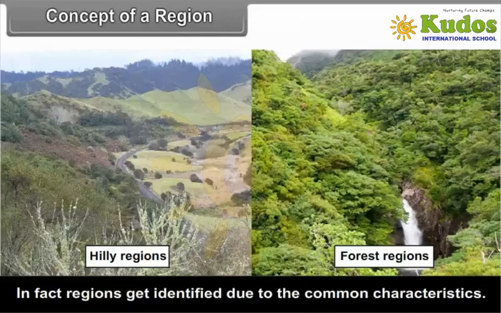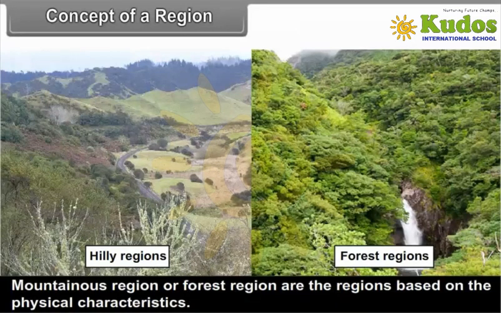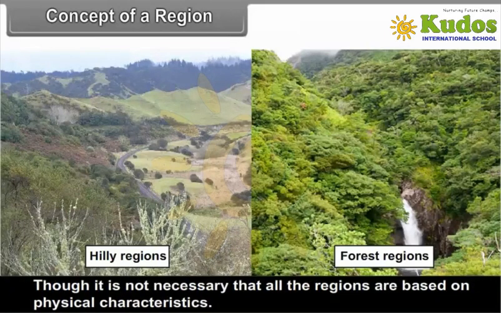In fact, regions get identified due to the common characteristics. Mountainous region or forest region are regions based on physical characteristics, though it is not necessary that all regions are based on physical characteristics.